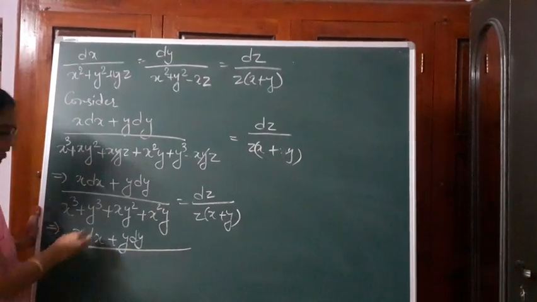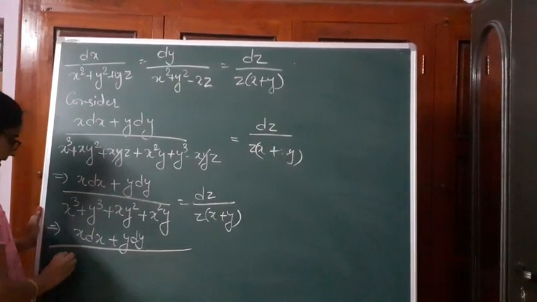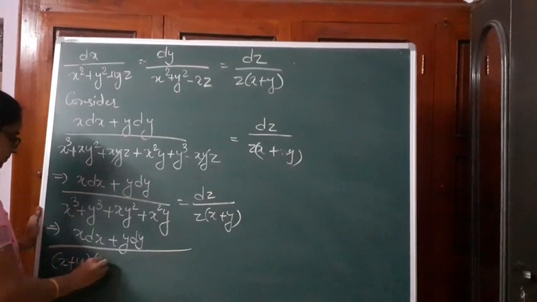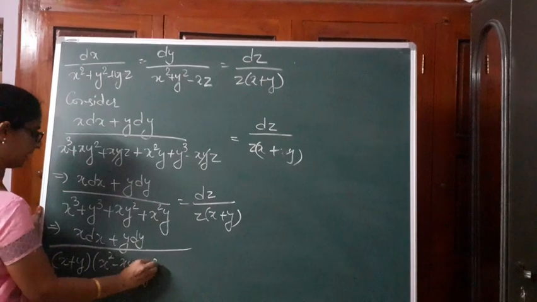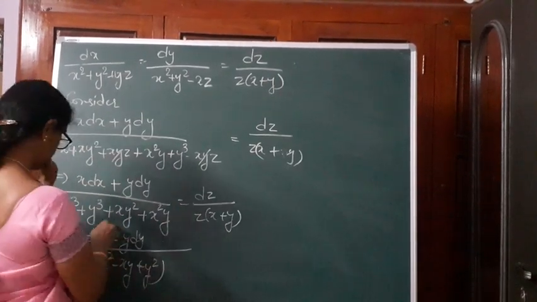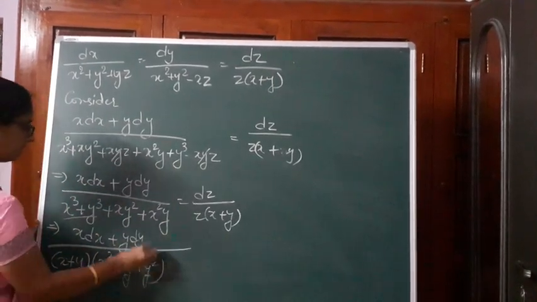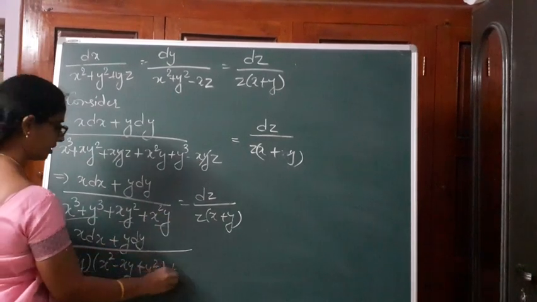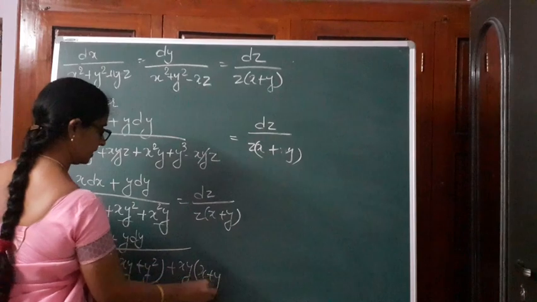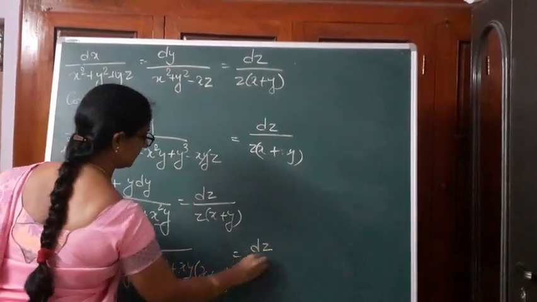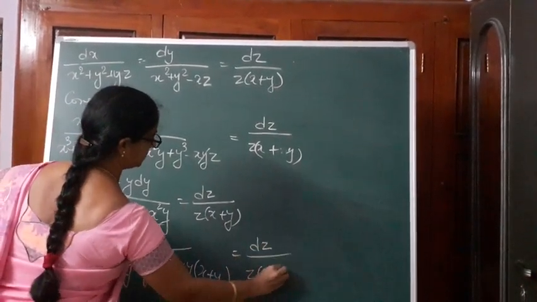A cube plus b cube can be written as a plus b into a square minus ab plus b square. This is x cube plus y cube. And from these two terms we can take xy common, then we get here x plus y is equal to dz by z into x plus y.